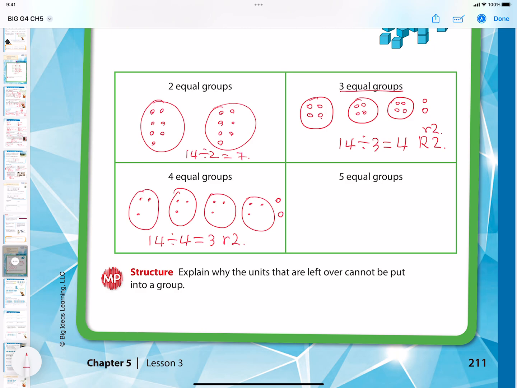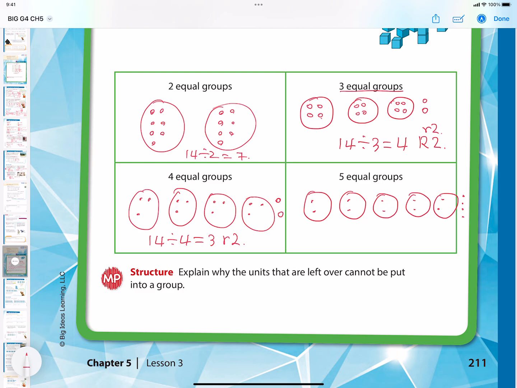5 equal groups. 1, 2, 3, 4, 5. 1, 2, 3, 4, 5, 6, 7, 8, 9, 10. I know I cannot put 4 leftovers into 5 groups, right?